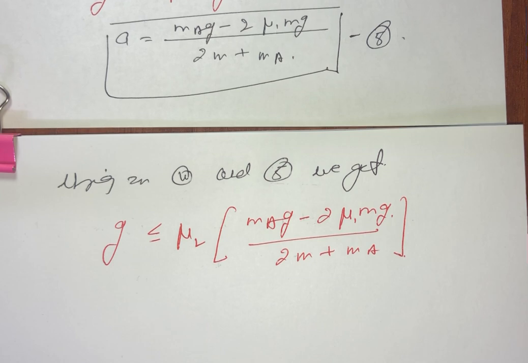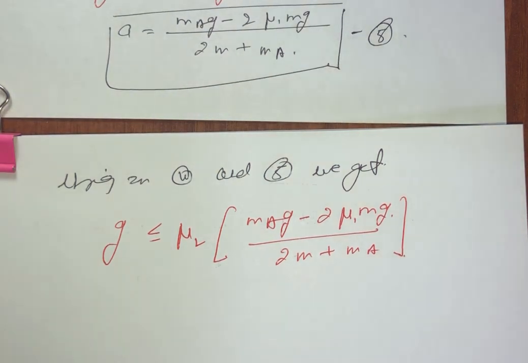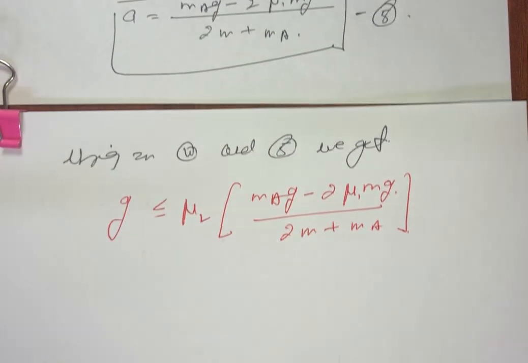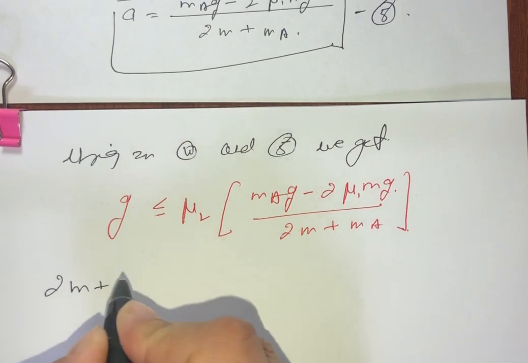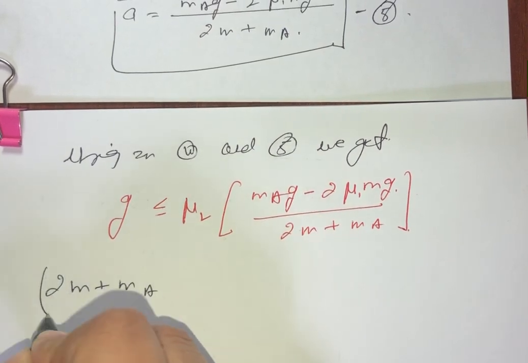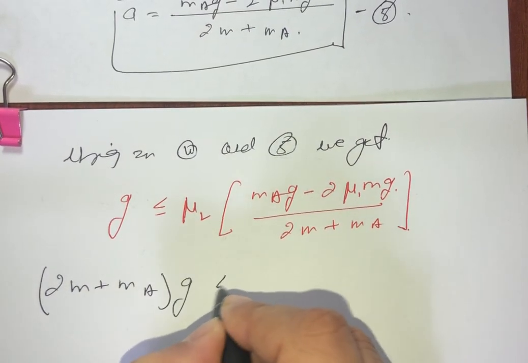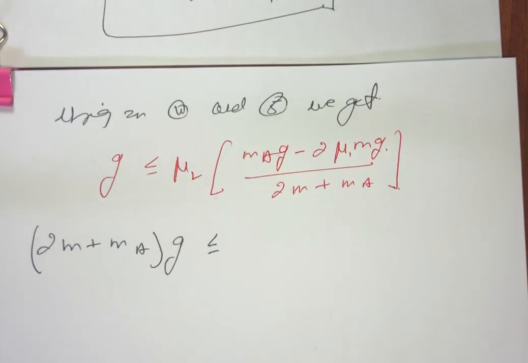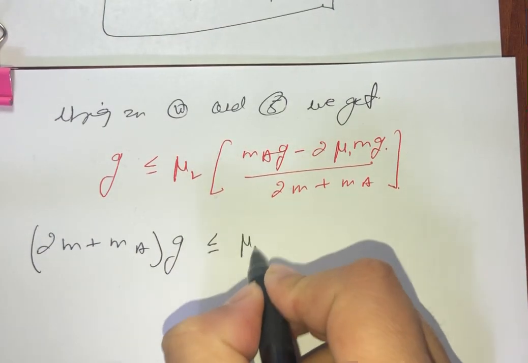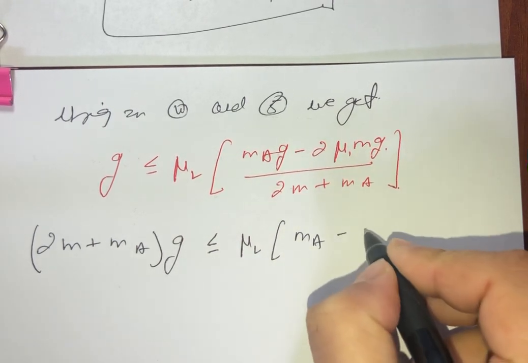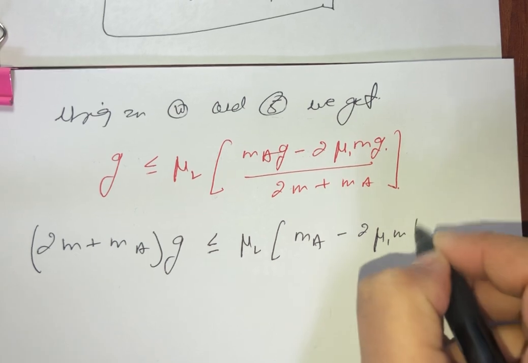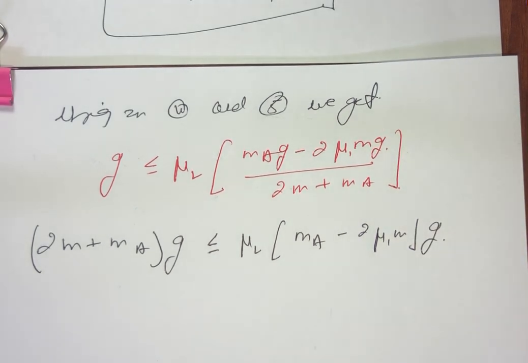Now we cross multiply it, and by cross multiplying we can say that 2m plus MA g less than equal to mu2 into MA minus 2 mu1 m and g.